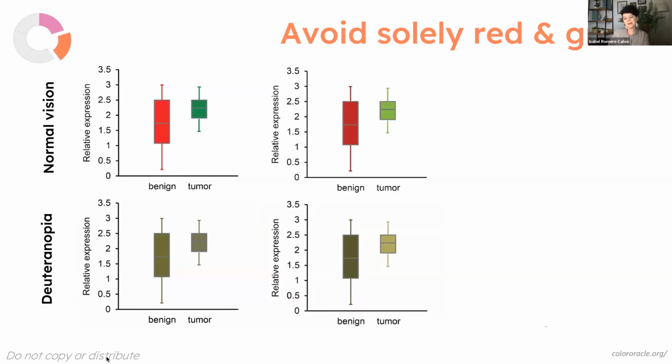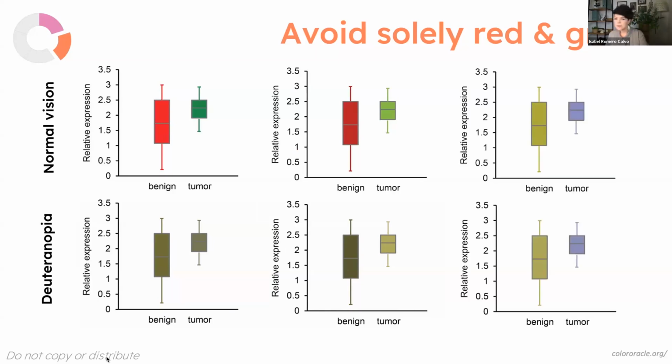You can make the red a bit darker, the green a bit lighter, play with the value of it, and then things will improve in terms of color blindness filters and accessibility. Even better, if you can use other colors that are not those, you will probably stay more safe and be able to reach everyone with data visualization.